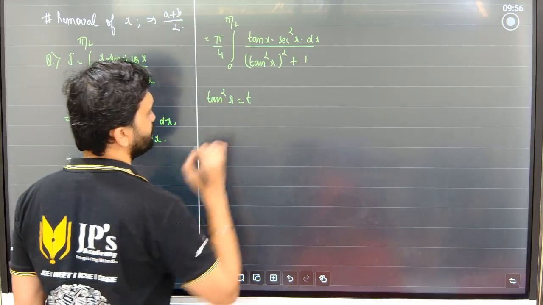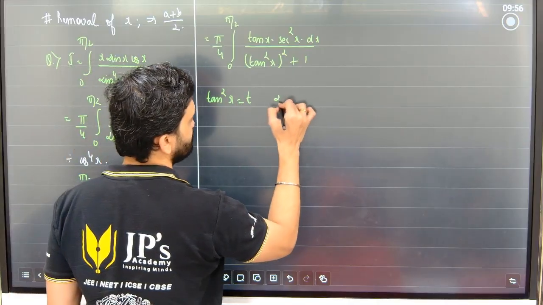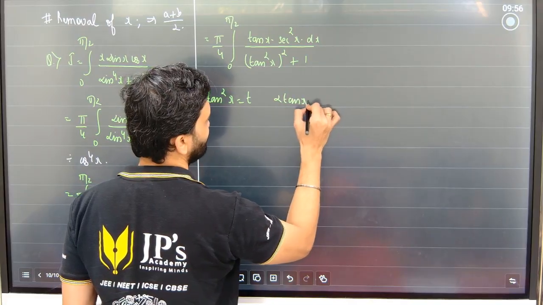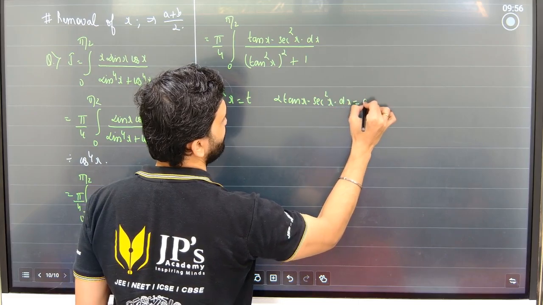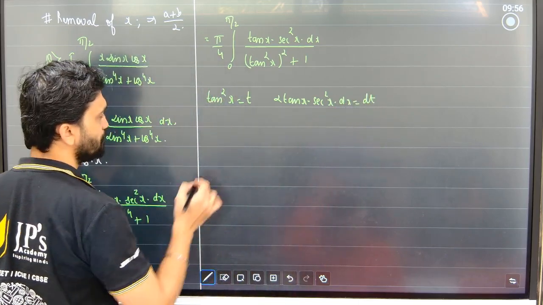I will take tan square x as t, so it will become 2 tan x into sec square x dx is equal to dt.